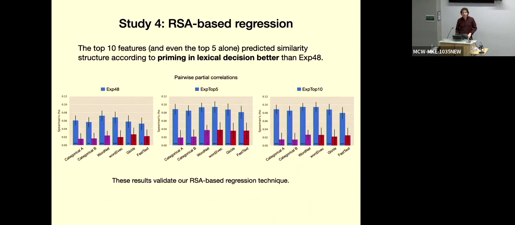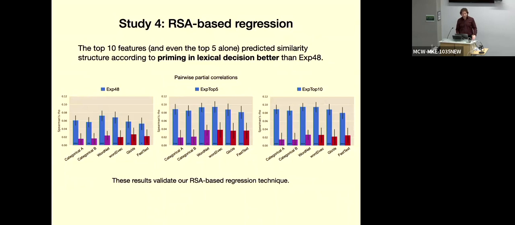And then we did the same for lexical decision. Now looking at the similarity matrix derived from semantic priming data, how well do these top 10 features explain it? Turns out that they explain the data better than X48. And even if you take only the top 5 features, they also explain the data better than X48.